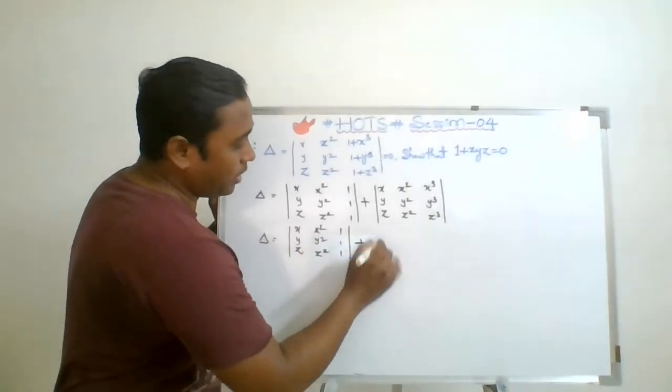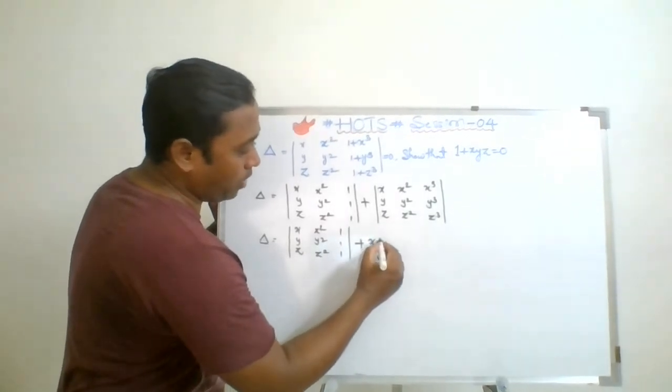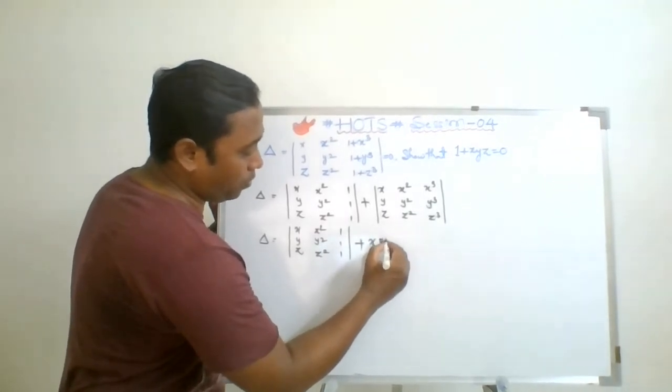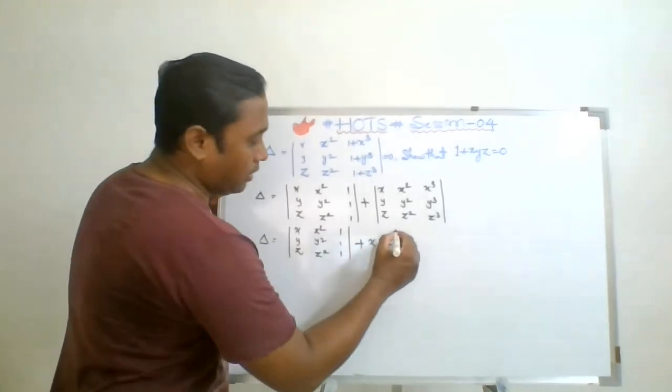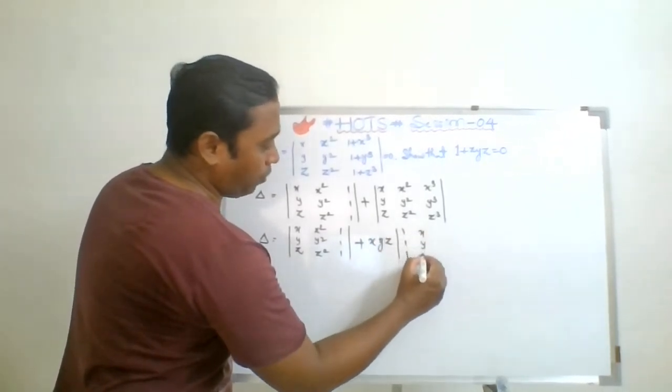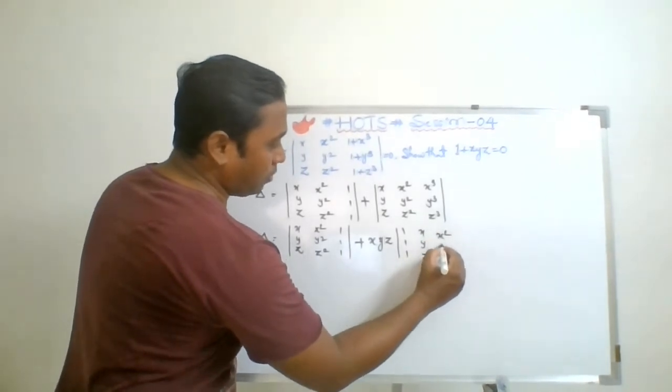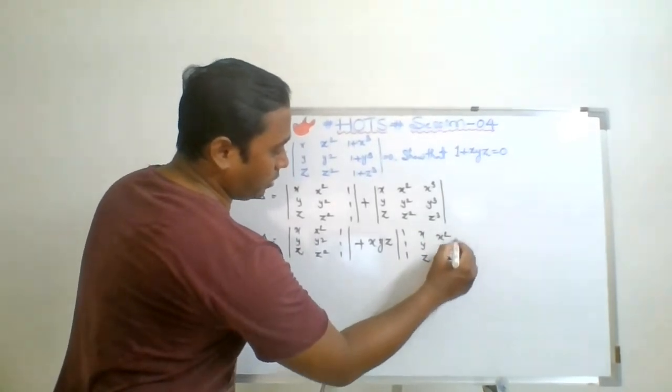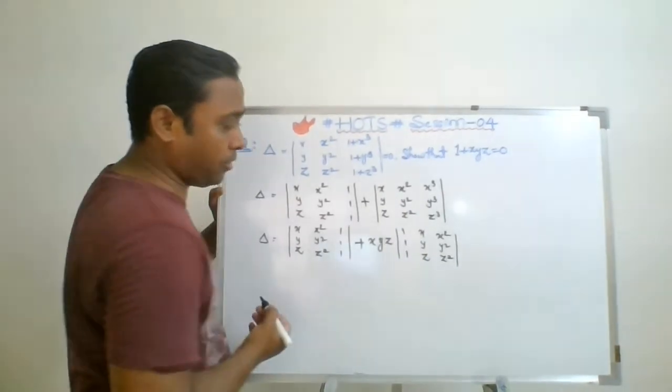What I have taken here is x from R1, y from R2, z from R3. Then the remaining will be 1, 1, 1, x, y, z, x square, y square, z square. I have just taken the common factors.